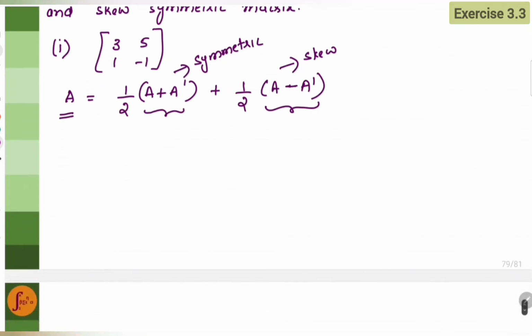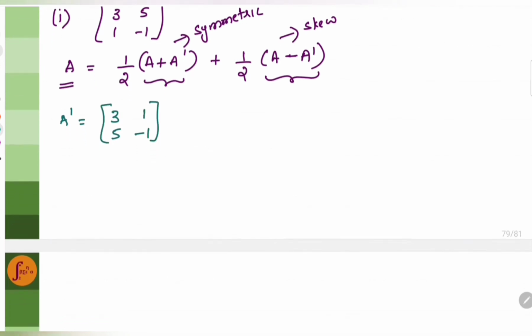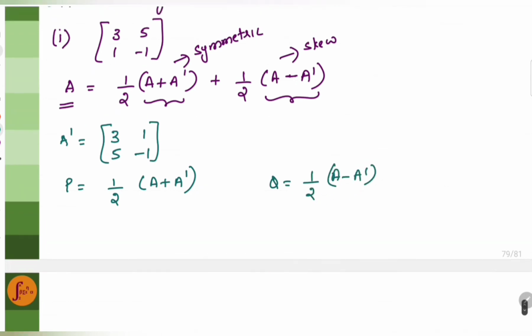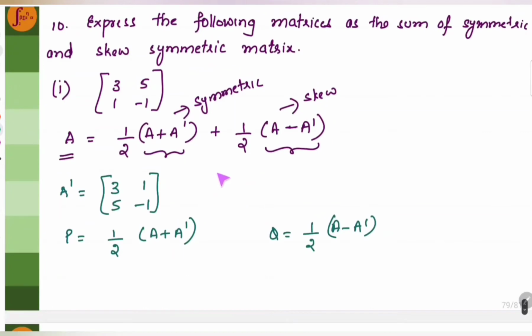So what we'll do, we'll first find A transpose. A transpose is 3, 5, 1, minus 1. This is A transpose. Now, let's assume that P is equal to half of A plus A transpose. Let's assume that this is P and Q is half of A minus A transpose. Let's add A and A transpose.